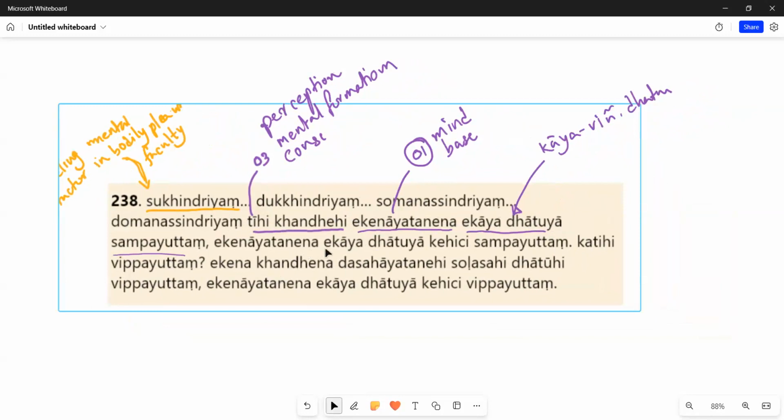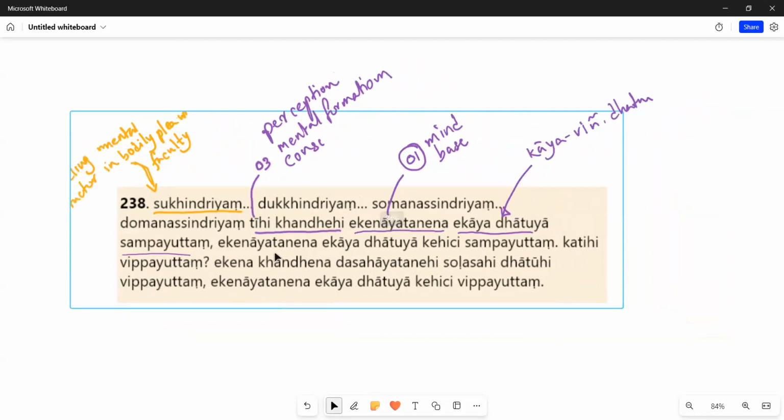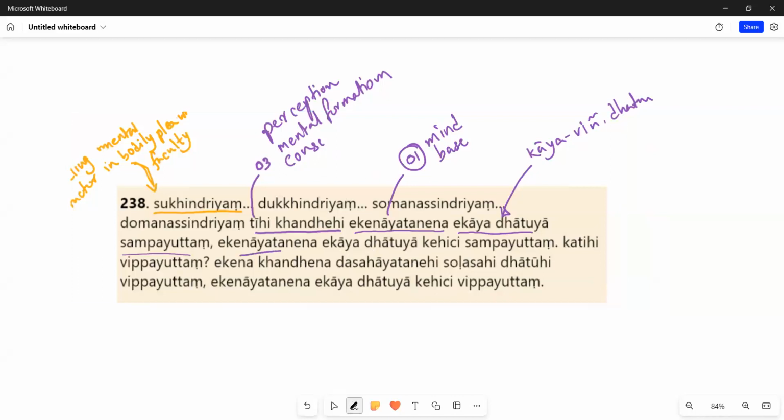Okay, then we have the partial association. It says ekena ayatanena ekaya dhatuya kehichi sampayutta. Ekena ayatanena and ekaya dhatuya. So it's the same, right?